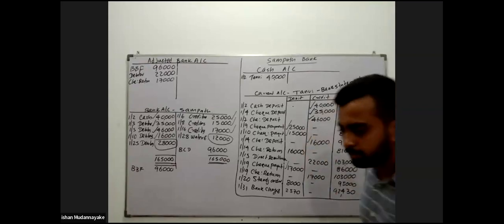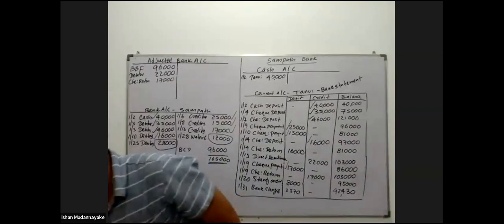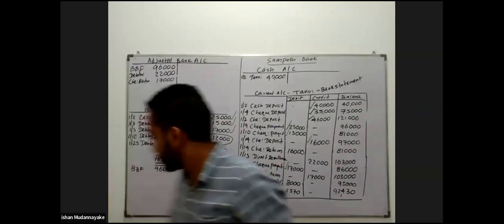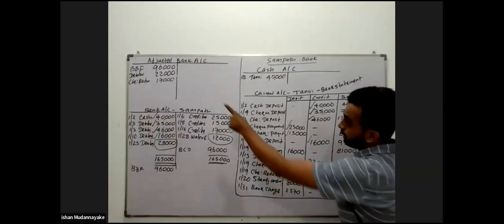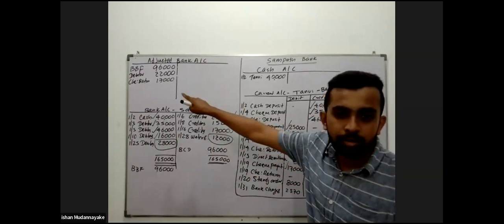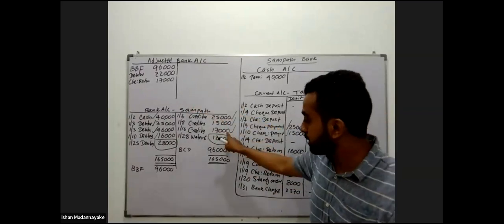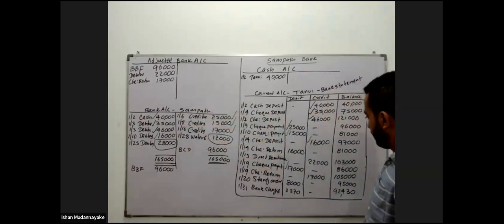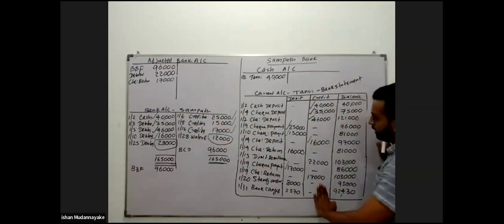Then 17,000 you need to debit again. Check return. Within bracket you can write down creditors. Issued check to creditors.